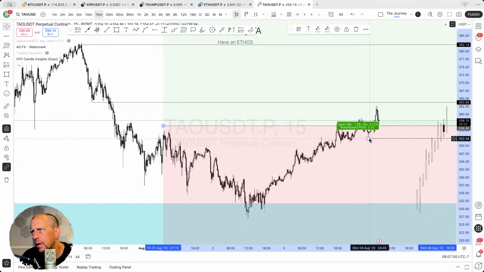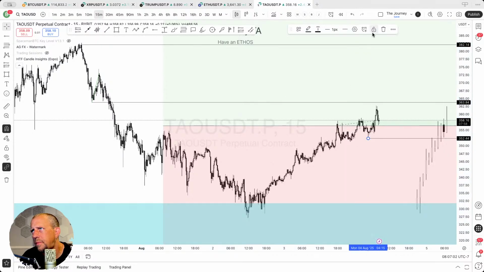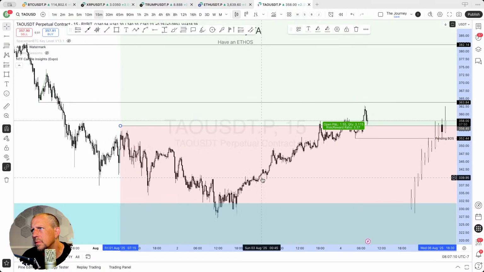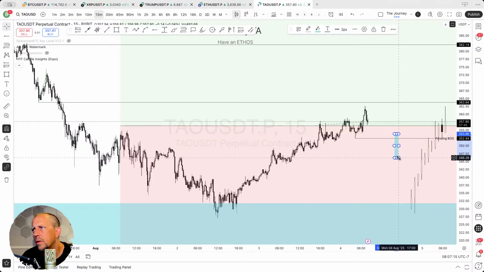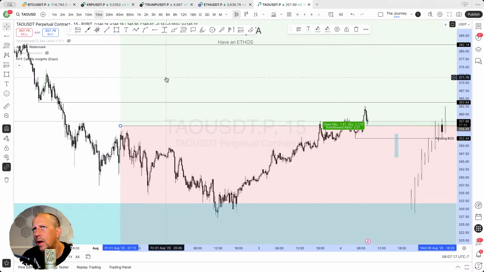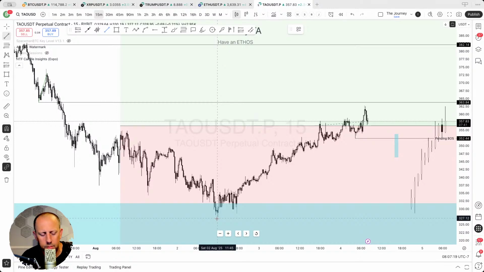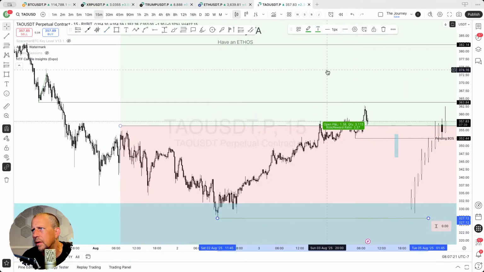I'd say that's a pretty important low right there. That looks like it might let go of all this price action. I feel like if you were to see a significant close below that, that price would ultimately want to return clean back down to here.